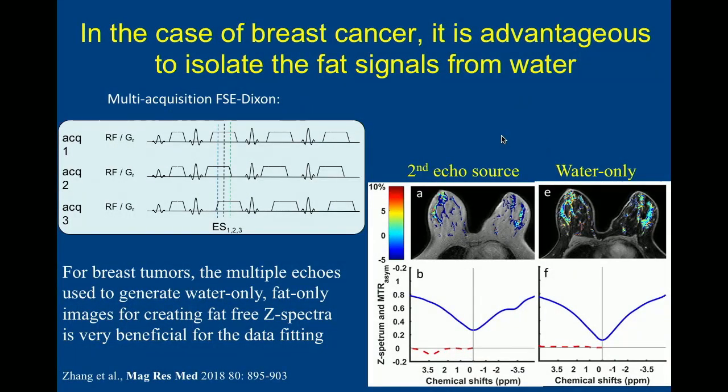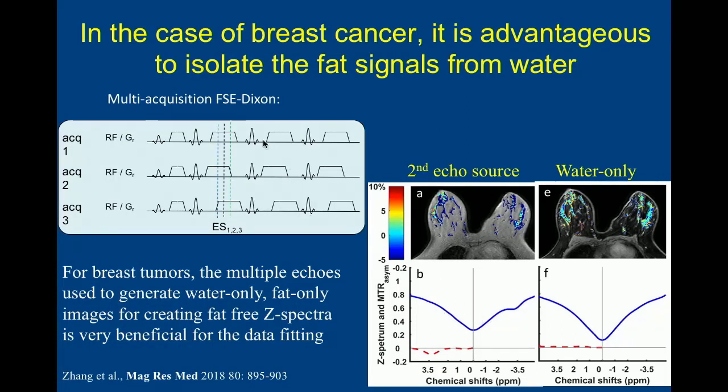Now, I'd also like to mention, as a technical note, there are some complications when you talk about CEST imaging in breast cancer compared to the brain, because there are excess fat signals from water. These fat signals can contaminate the Z-spectra or MTR asymmetry profiles.